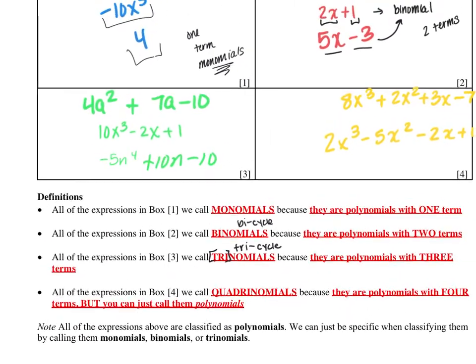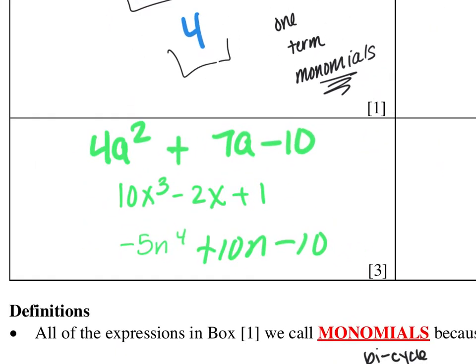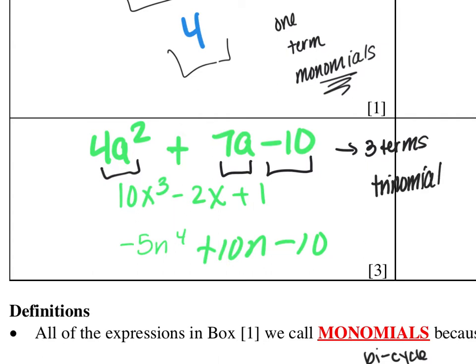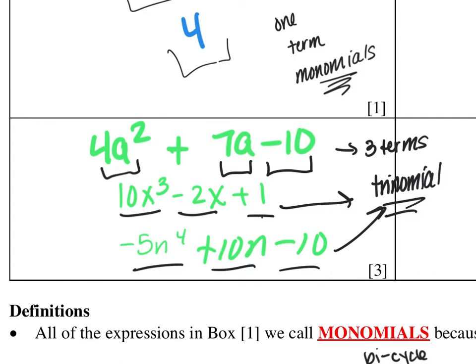For instance, if I look a little closer, 4a squared is a term, 7a is a term, and minus 10 is a term. 3 terms, trinomial. 10x cubed is a term, minus 2x is a term, and 1 is a term, also a trinomial. Negative 5n to the fourth, 10n, minus 10, also a trinomial. So all of these expressions have 3 terms, and they are all polynomials, but we can be specific in naming them a trinomial.